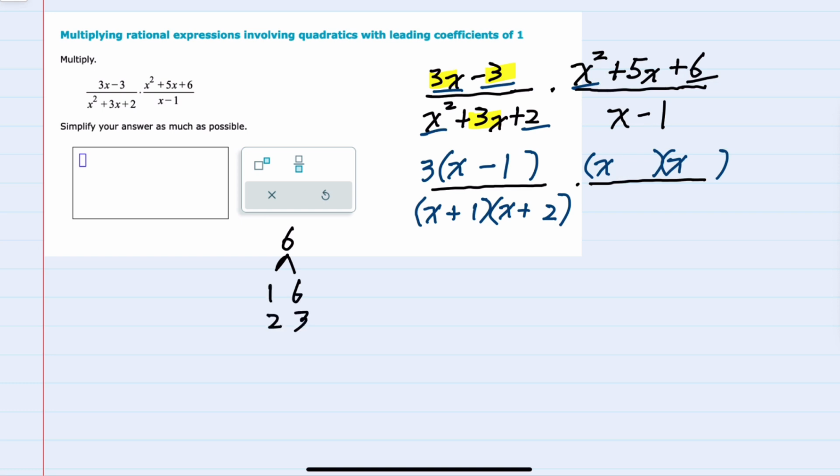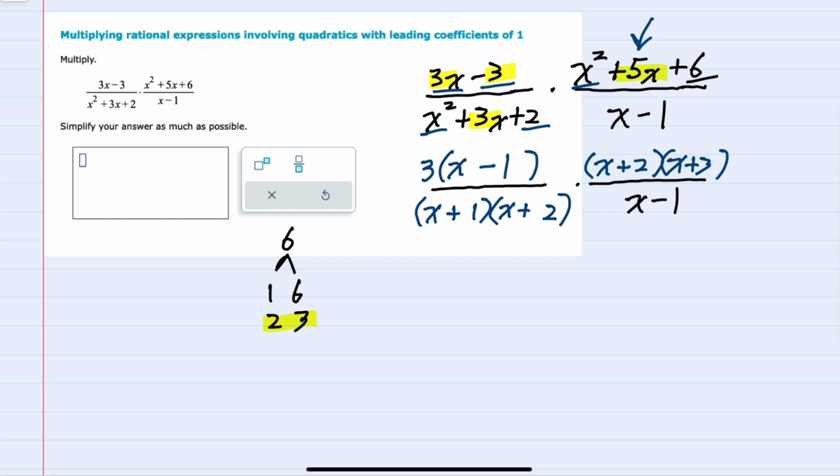I need them to add up to a 5. So I will use plus 2 and plus 3, this last option, recognizing that this will give me 2x and 3x, which add to the middle term of 5x. So that trinomial has been factored. In the denominator there, x minus 1 does not factor any further.